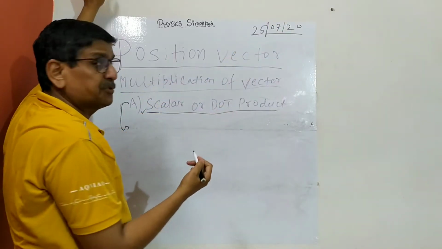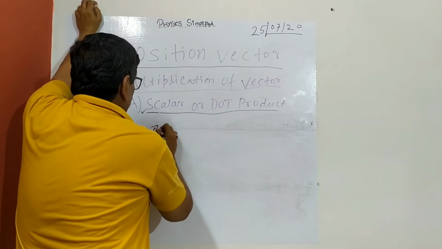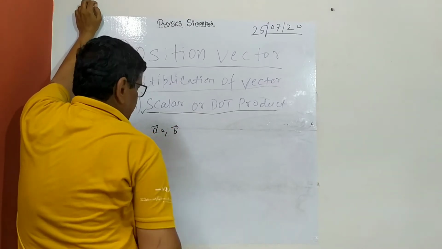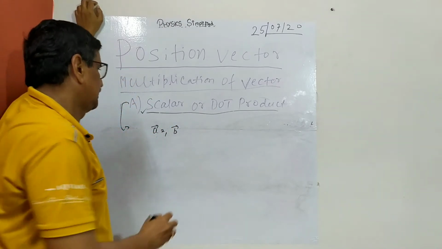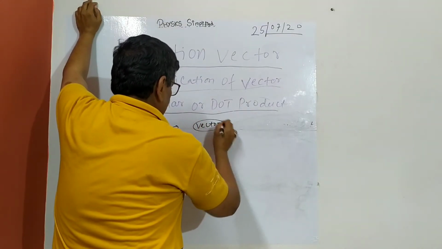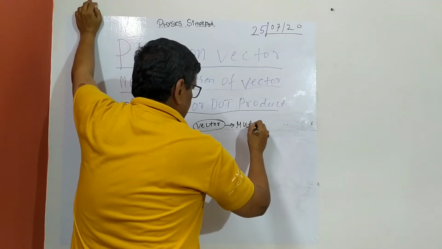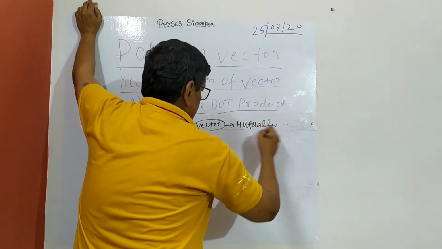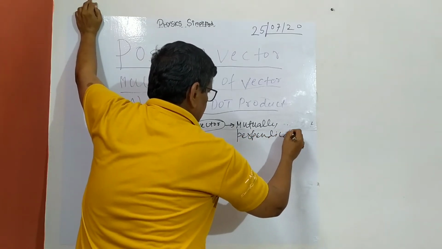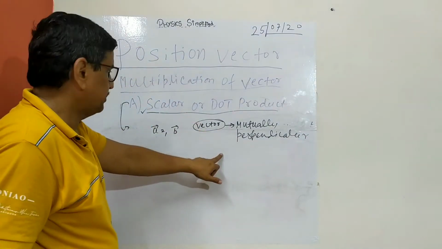Like, first, there are two vectors, A and B, suppose, and you need to find a unit vector which is mutually perpendicular to both. Perpendicular.